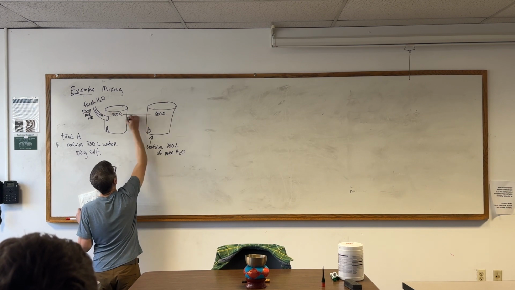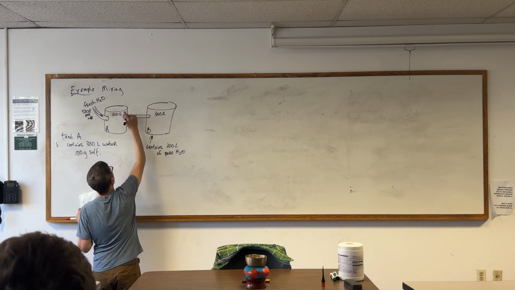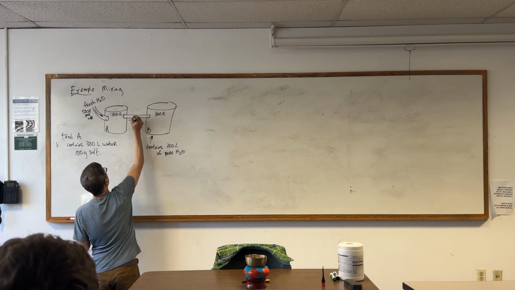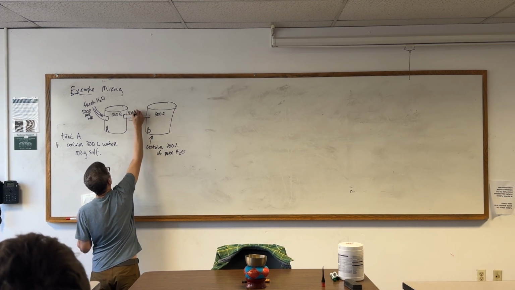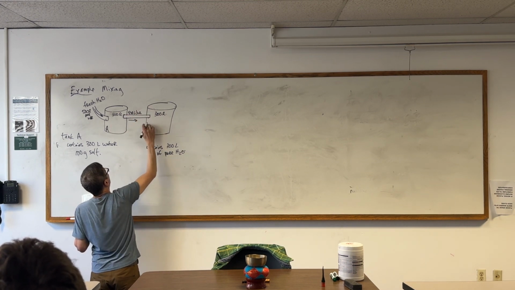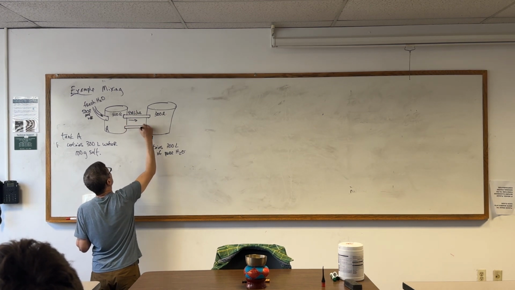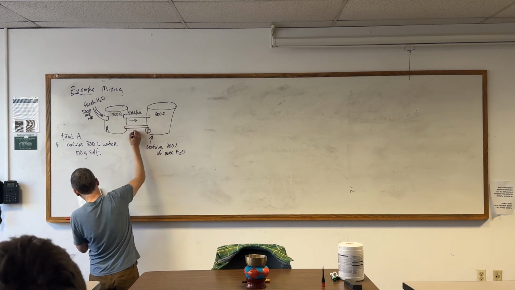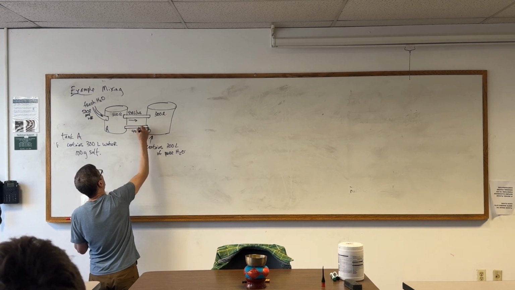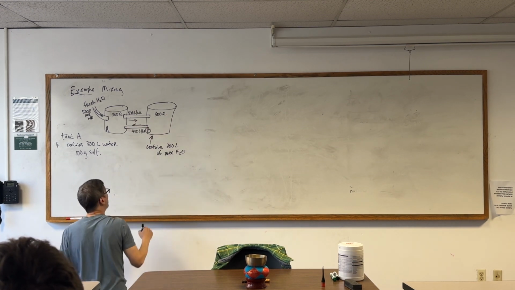So there's this pipe that runs between them. And this pipe is sending 900 liters per hour from A to B. And there's a second one moving in the opposite direction. And this pipe is pumping 400 liters per hour from B to A.